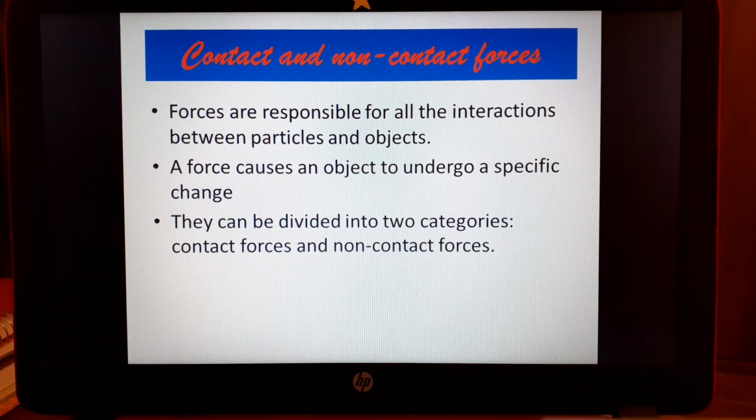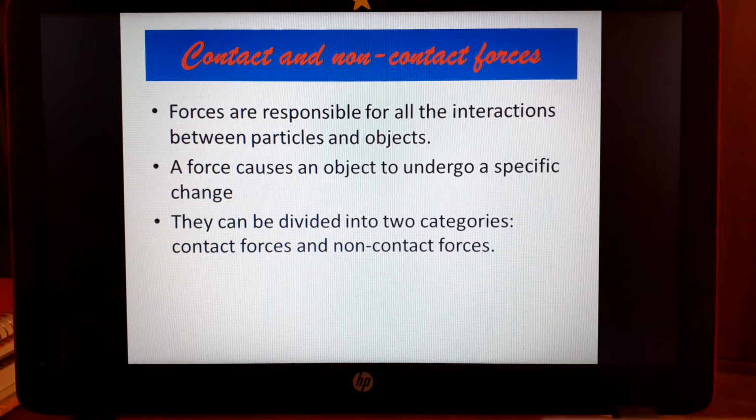However, it sometimes helps to define them differently. Moving an object or changing the shape of an object is basically defined as force. Now, to make things easy, we can divide forces based on how they act on an object. The first group of forces needs the objects to be touching each other to have an effect.